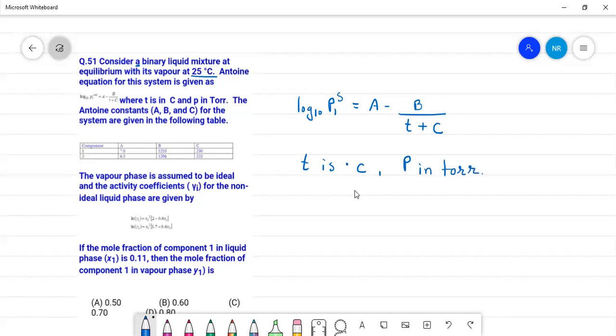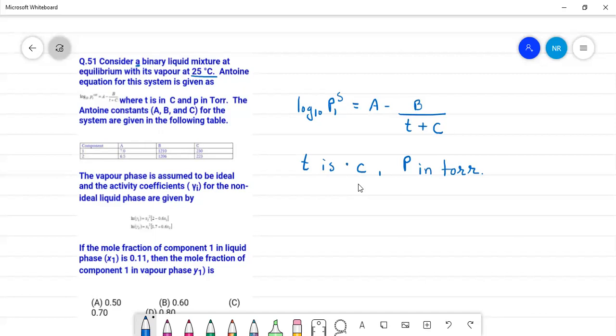Then the Antoine constants A, B, C are given in the following table. For component 1, A value, B value, C value is given. For component 2, A value, B value, C value is given.